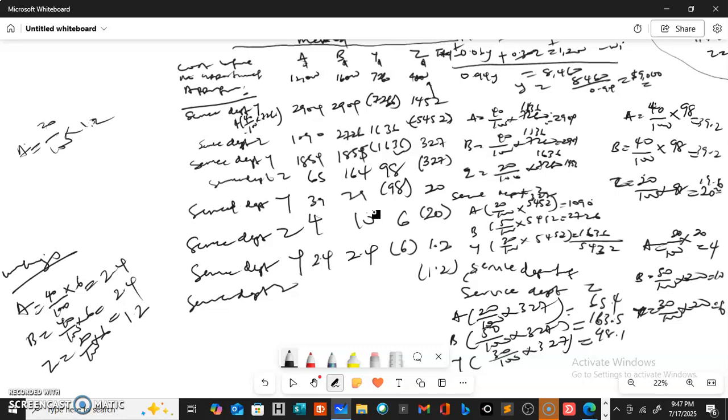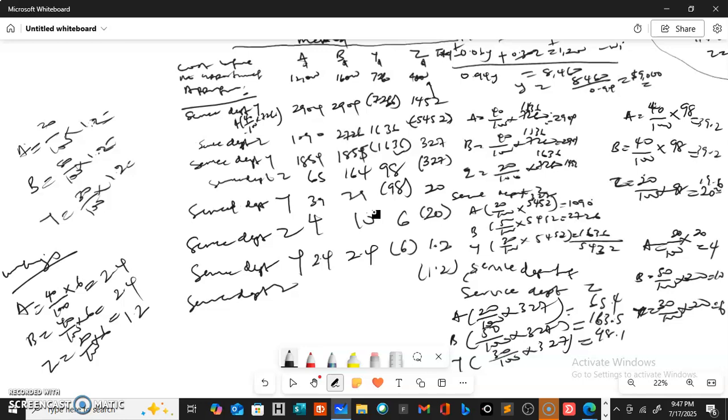For B, 50 all over 100 multiplied by 1.2. And for Y, 30 all over 100 multiplied by 1.2. The amount left is minimal, not material enough.